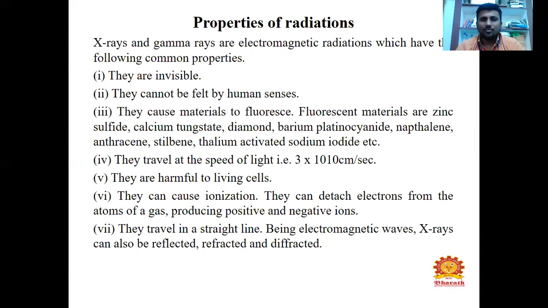They are harmful to living cells and can cause ionization. They can detach electrons from the atoms of gases, producing positive and negative ions. They travel in a straight line. Being electromagnetic waves, X-rays can also be reflected and refracted.